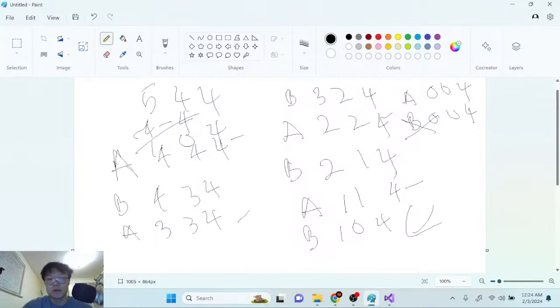And then it'll be Bob's turn, right? And it'll be 1, 0, 4. And then we could do the same thing, minus 1, swap it. Wait, let me think. How would you do this?